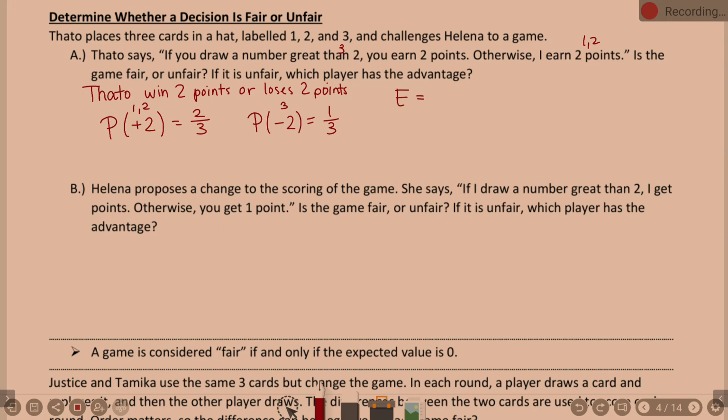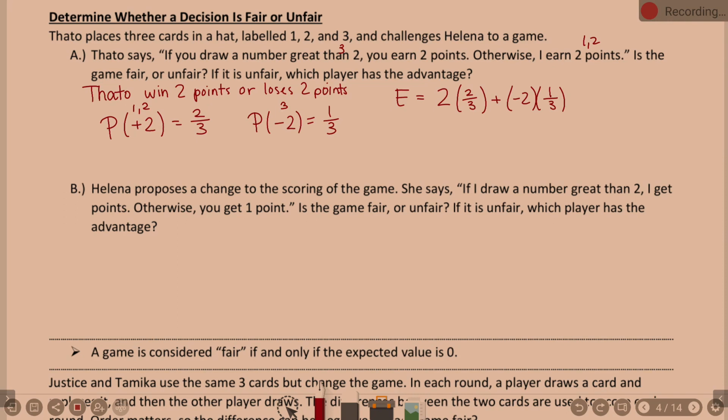You do the outcome times the probability that outcome will happen, plus the same thing. The first outcome was him getting positive 2 points, and the probability that could happen is 2/3. Plus, the second outcome is he could have 2 points counting against him. Not that he necessarily loses 2 points, but he has 2 points counting against him. And the probability that can happen is 1/3.